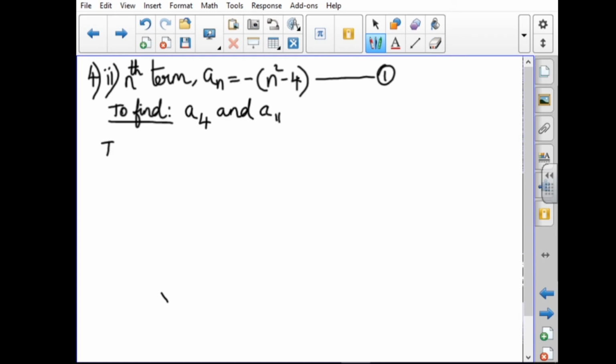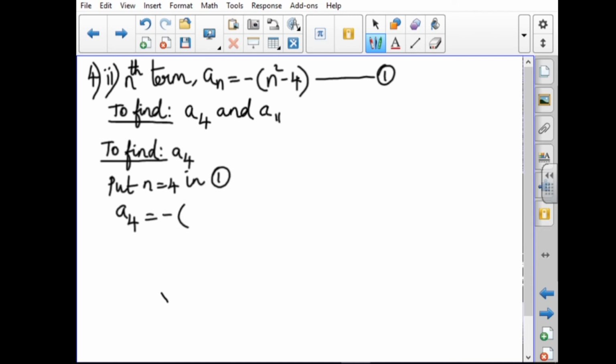To find a4, put n equal to 4 in 1. So a4 equals minus of, instead of n substitute 4, so 4 squared minus 4, that is minus of 16 minus 4. The answer will be minus 12. Therefore, a4 equals minus 12.